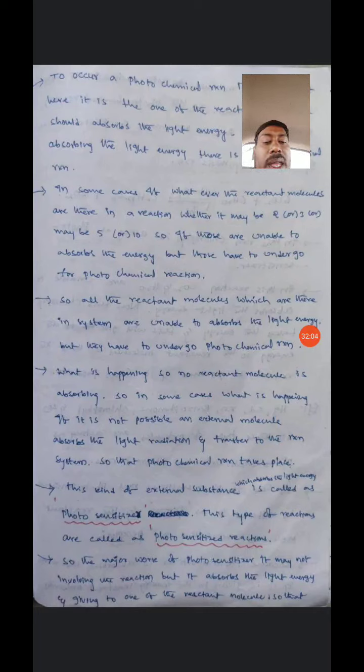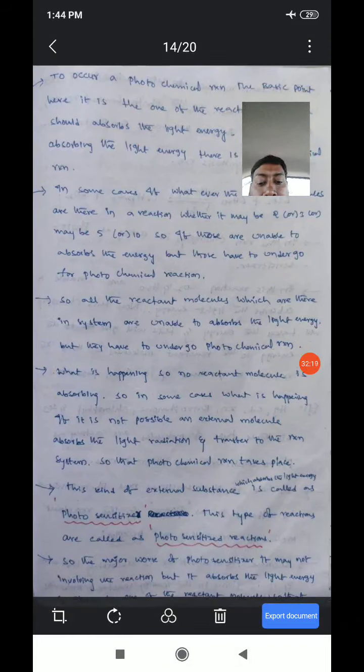So what happens? No reactant molecule is absorbing. In some cases, an external molecule absorbs the light radiation and transfers it to the reaction system, so that the photochemical reaction takes place.